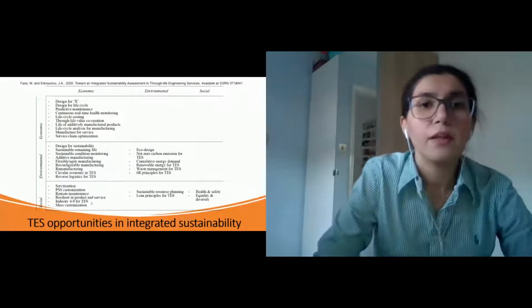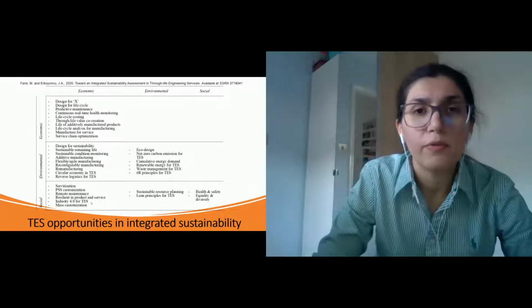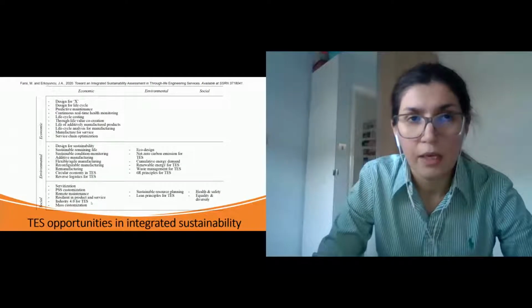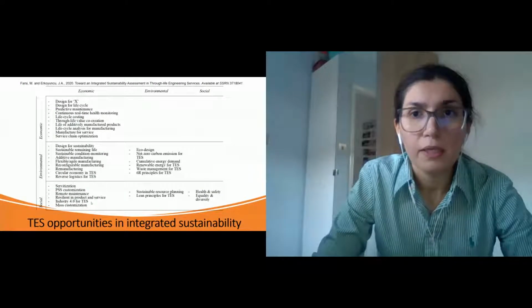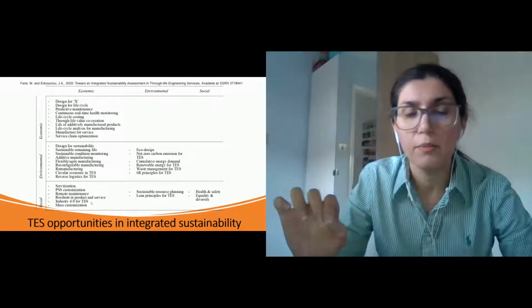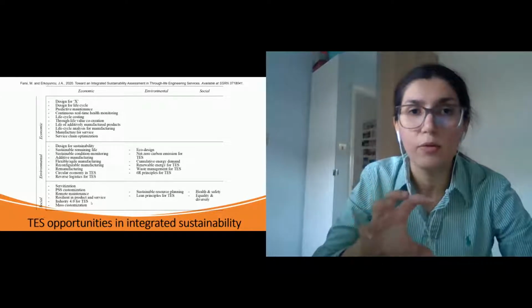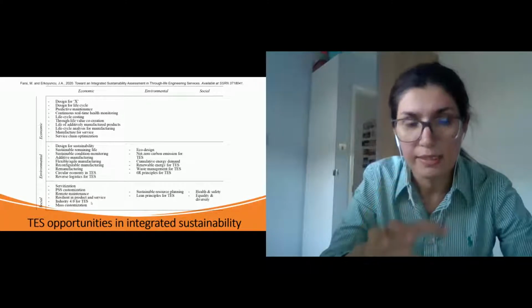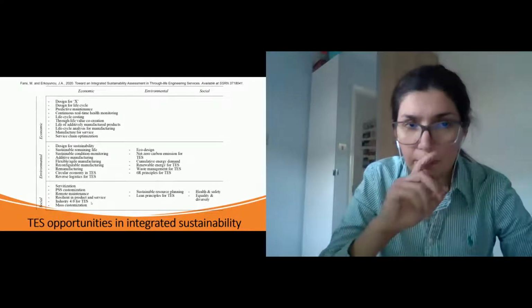And now at the final stage, what we've done is we've tried to map it against the 3 pillars of sustainability. So we look at the economic, environmental, social, and also the correlation between all these, and see how these topics in the literature, how these elements would sit in all these pillars.